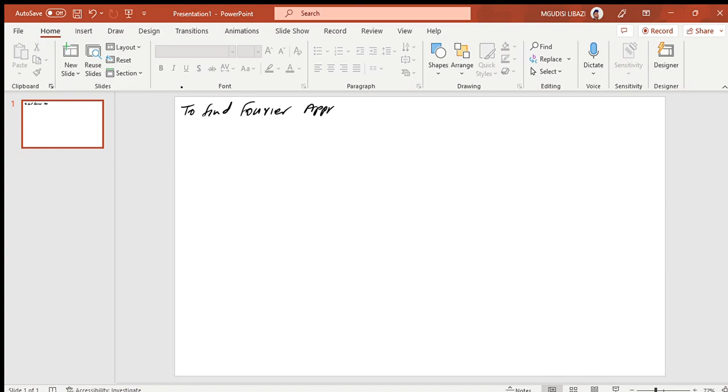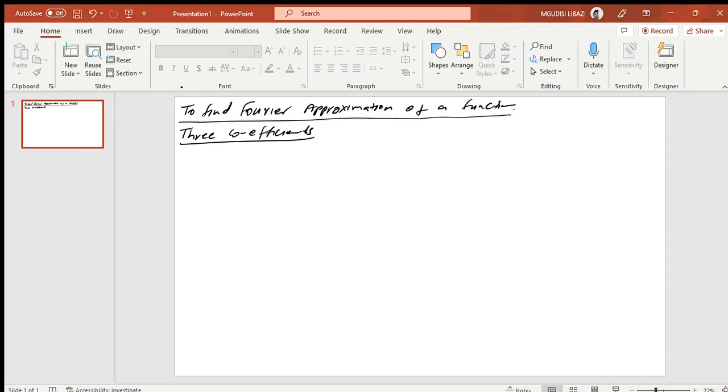To find the Fourier approximation of a function, we have three constants, or three coefficients, that we have to determine for the Fourier approximation.